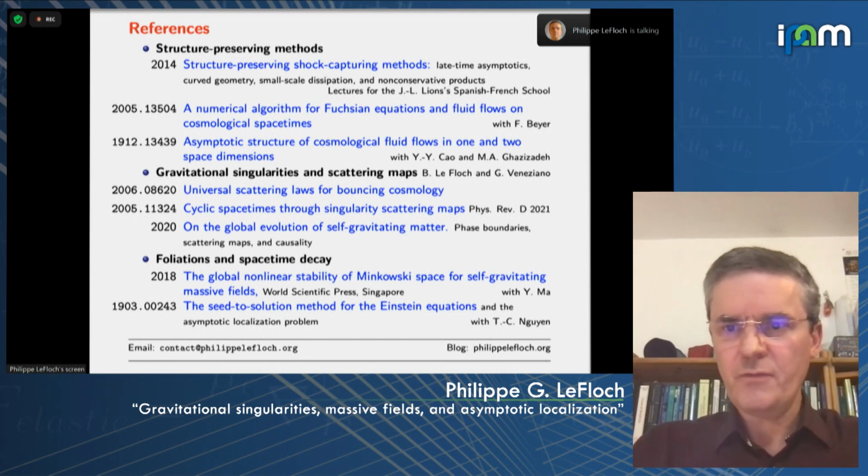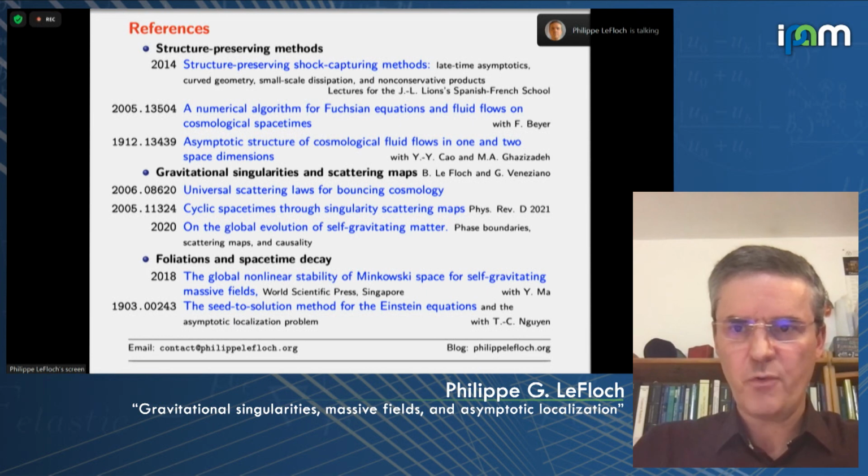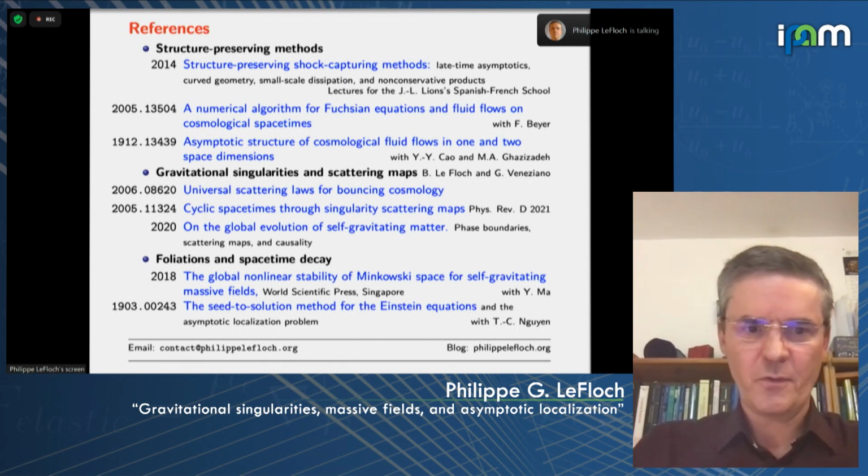In particular, if you just want to learn about this topic, you may want to just read this Physical Review D paper. It's only a few pages, and it gives you a summary of what we have done in this direction. And foliation or this asymptotic localization can be found in the last 2 papers.